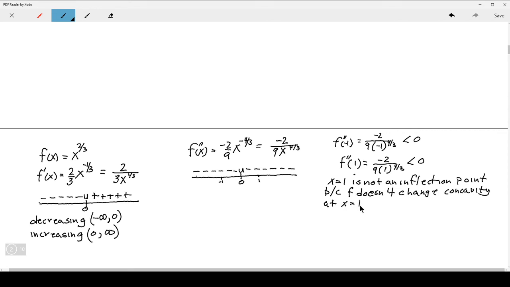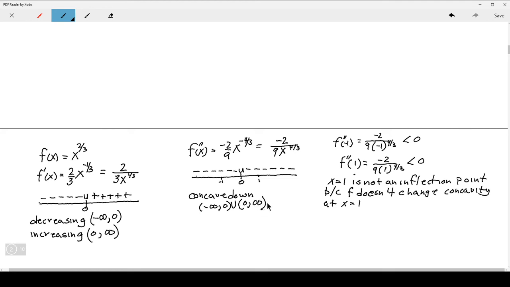All right, so 1's not an inflection point. The function doesn't change concavity. There is a point where it's undefined, so if I'm going to write where it's concave down, I want to do it in intervals like I did over here, right? So the function is concave down from negative infinity to 0. At 0, it's undefined. And from 0 to positive infinity.